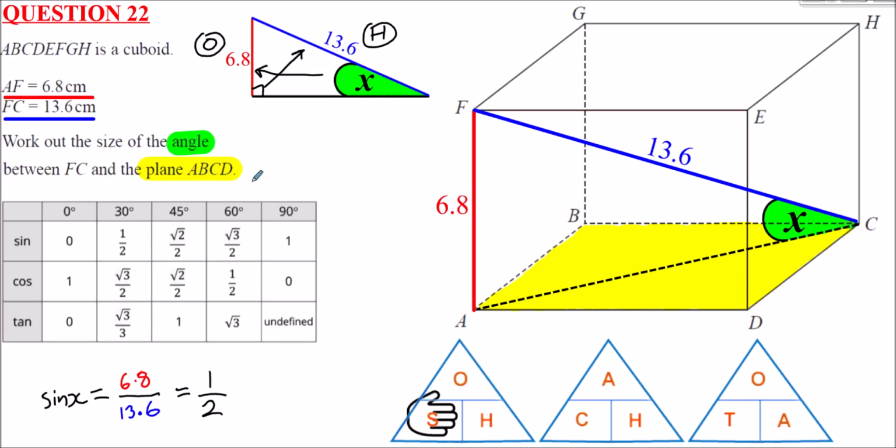So as long as we remember our exact trig values, we can deduce that the angle x must be 30 degrees. Because when x is 30, that gives the exact trig value of sine of 30 being a half, which is what it is, because we had 6.8 divided by 13.6. The sine of this one is a half. Therefore, it's got to be a 30-degree angle.